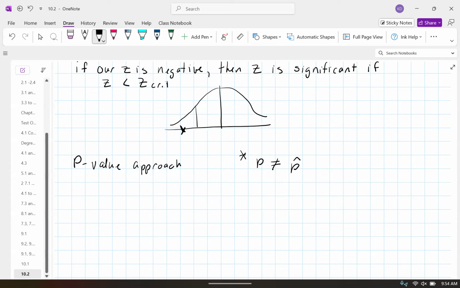So here, we're going to use our statistic. Likelihood. Our data.